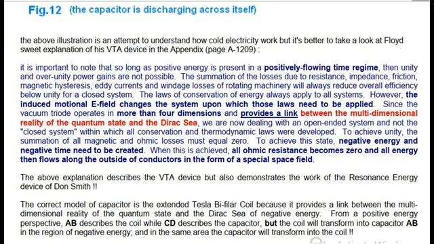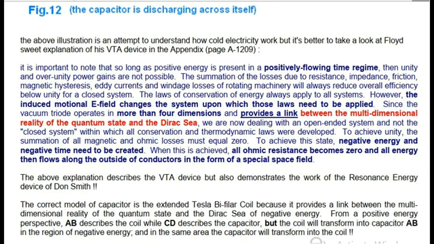To achieve this state, negative energy and negative time need to be created. When this is achieved, all ohmic resistance becomes 0 and all energy then flows along the outside of conductors in the form of a special space field. The above explanation describes the vacuum triode amplifier device but also demonstrates the work of the resonance energy device of Don Smith.